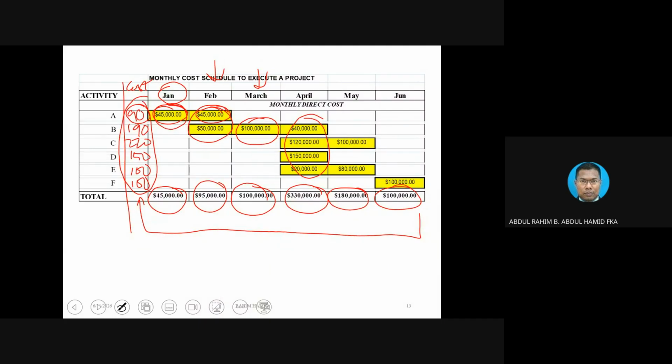Especially the process will be done by the consultant anyway, to confirm the amount being claimed by the contractors, and then submit to the client for the payment. The client is the one that is going to make payment anyway, because the client owns the project and they are the one that has money. The consultant is basically doing the work on behalf of the client. So that is the practice. So that's why we have to translate whatever we already calculated according to the month.